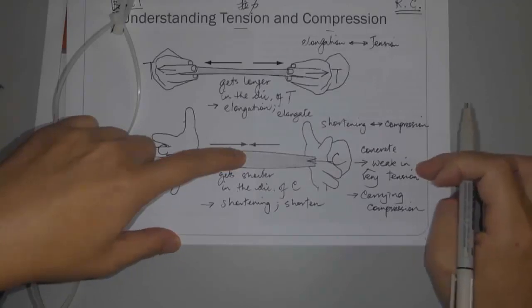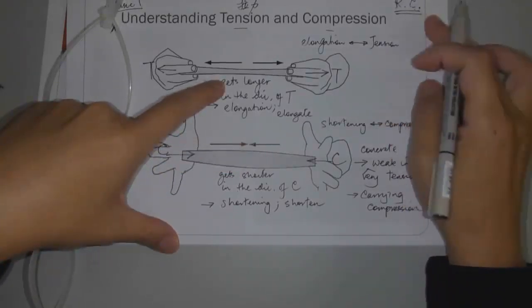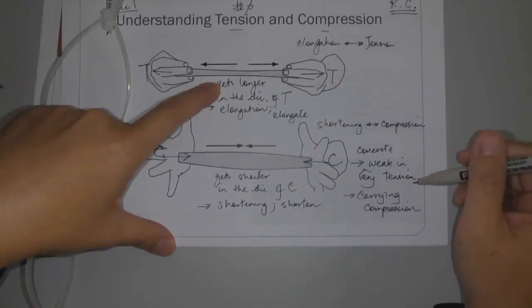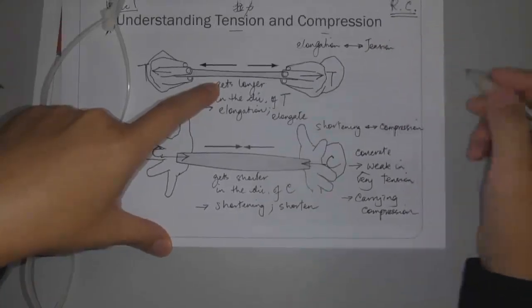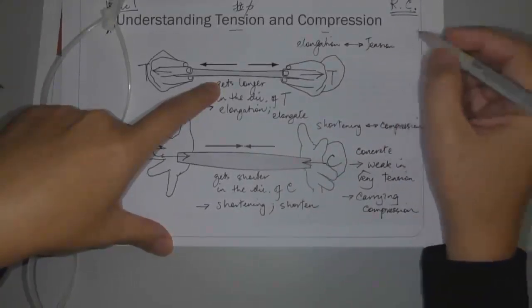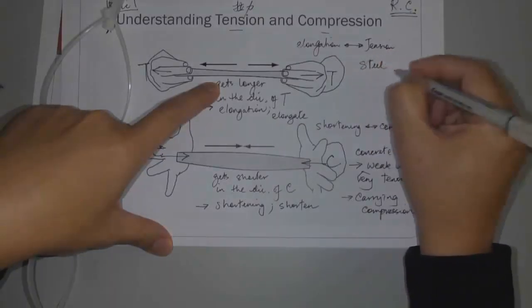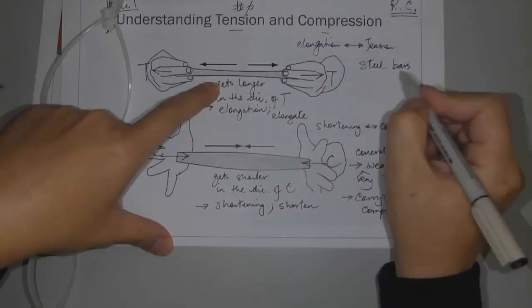Okay, so for steel reinforcement, everybody knows that steel reinforcement in an RC structure is responsible for taking tension or compression, both. Right? But primarily it's supposed to take tension. Steel reinforcement, in short, we call steel bars.